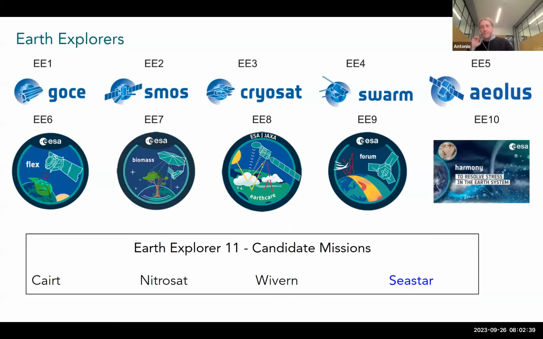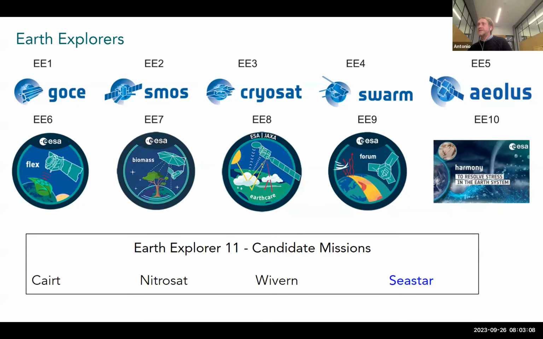First, I just go quickly here because this was already introduced, I think, a couple of weeks ago by Christine, about the Earth Explorer. Just to make the point again, SEASTAR is a candidate mission in the 11th phase of the Earth Explorer program that started quite a while ago. I think our first mission was launched in 2009.